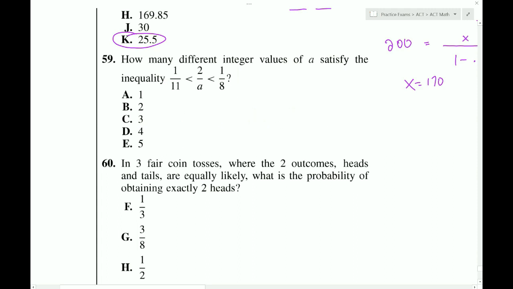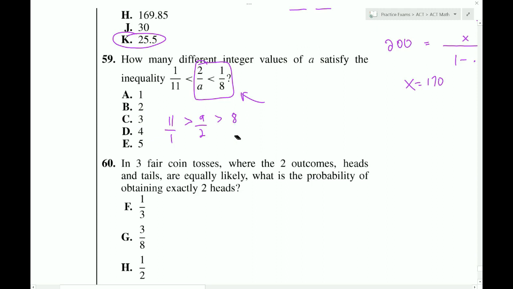I'm canceling that as well. One thing you can do with this is you can flip both sides. But flipping both sides is the second thing that makes inequalities different from equations. If you flip both sides, you end up with a over 2, and you end up with 8 over 1, but the inequality sign actually switches. And then you can switch this inequality sign and also flip this situation.